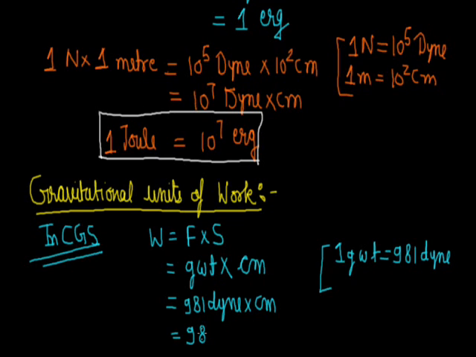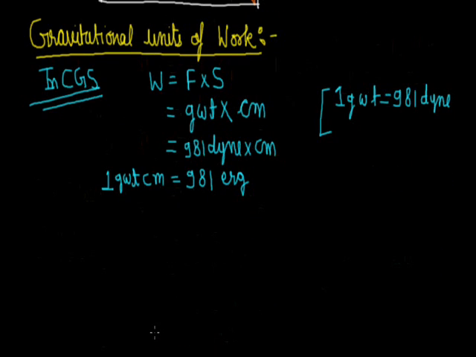So we get 981 erg, which is equal to 1 gram weight into centimeter. So this is the CGS gravitational unit of work: 1 gram weight centimeter equals 981 erg.